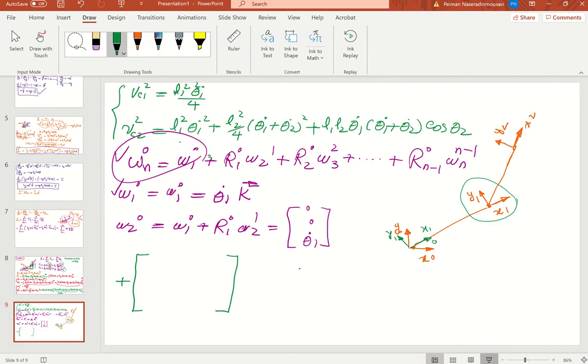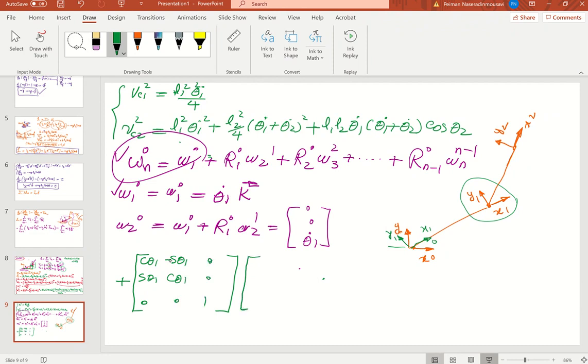The x1 directional cosine, remember, is going to be cosine theta 1, sine theta 1, and the z. Here it's going to be minus sine theta 1, its projection on this, cosine theta 1 and 0, and the z's are parallel.